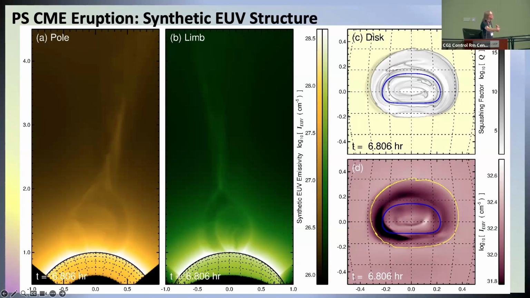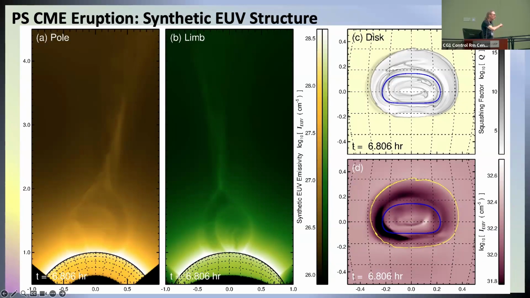For white light, there's a very convenient scattering formalism that was worked out 50 years ago or whatever. And so your white light intensity from light scattering off electrons has a well-known geometric configuration, and it means that your signal at the end of the day is proportional to line of sight integrated density.